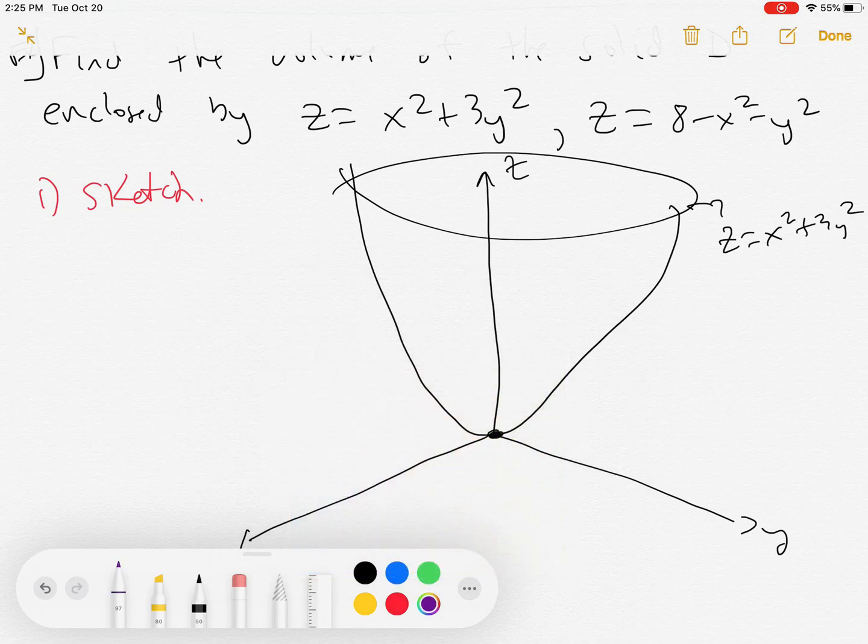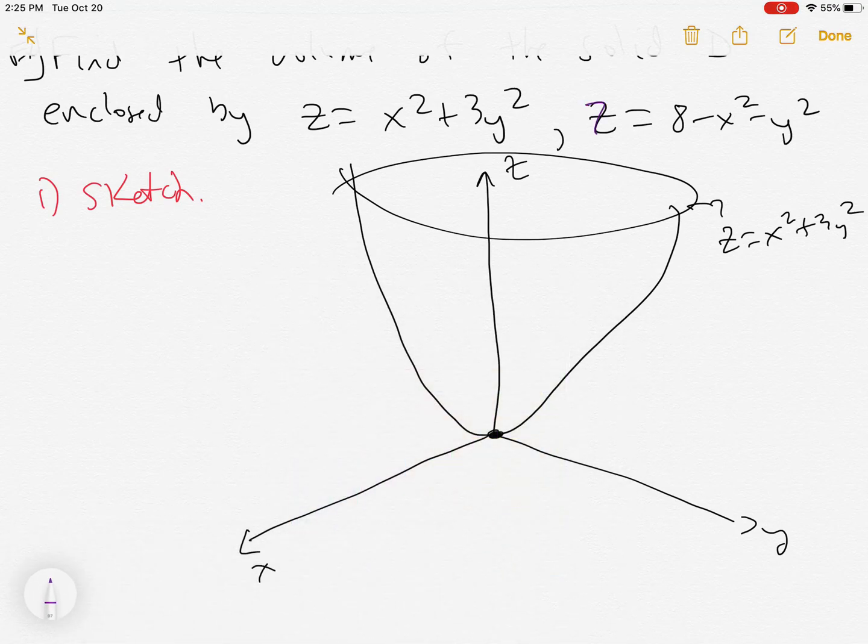And then, now we're going to graph this guy in purple. And this thing opens down, so we'll put 8 right here, and it's going to open down like this.